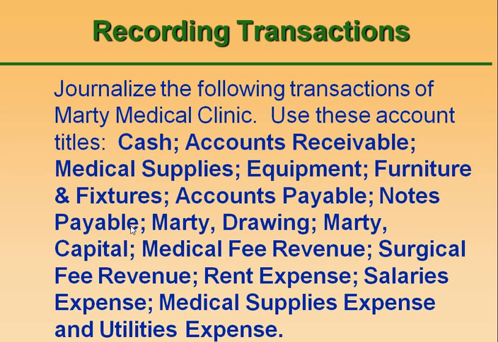Then we also have the withdrawal account, Marty drawing. Marty here is the surname of the owner. Also given here is the owner's equity account, Marty capital. We also have the revenue accounts, namely medical fee revenue and surgical fee revenue.